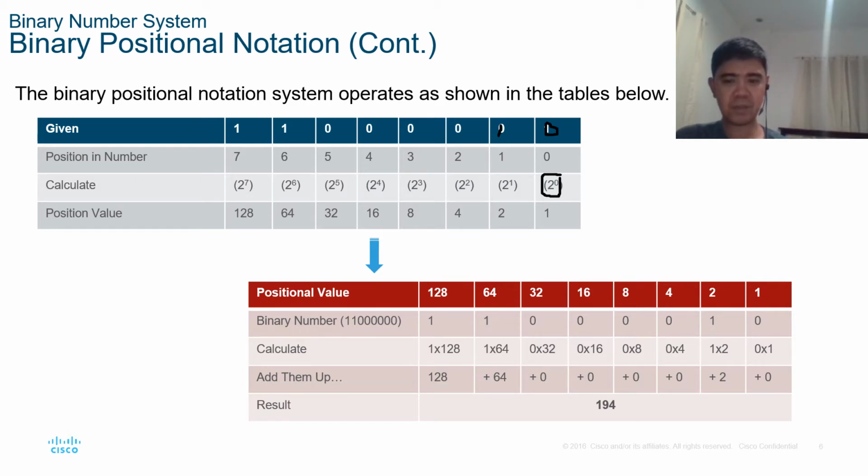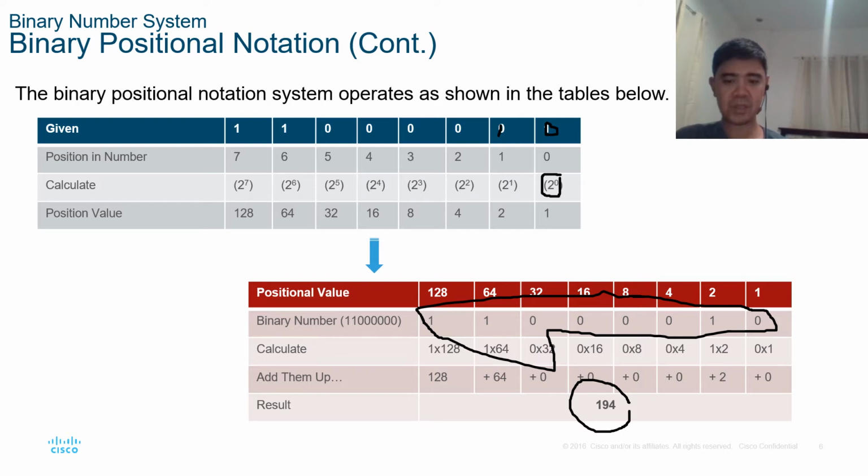Since this is the positional value of the binary number, let's say we have 1, 1, 0, 0, 0, 1, 0. We position the given against the positional values. So we have a 1 in the 128, a 1 in the 64, and a 1 in the 2. To get the decimal equivalent of this binary value, we add those positional values that have a 1. There is a 1 in 128, also in 64. So 128 plus 64 is 192, plus 2 is 194.